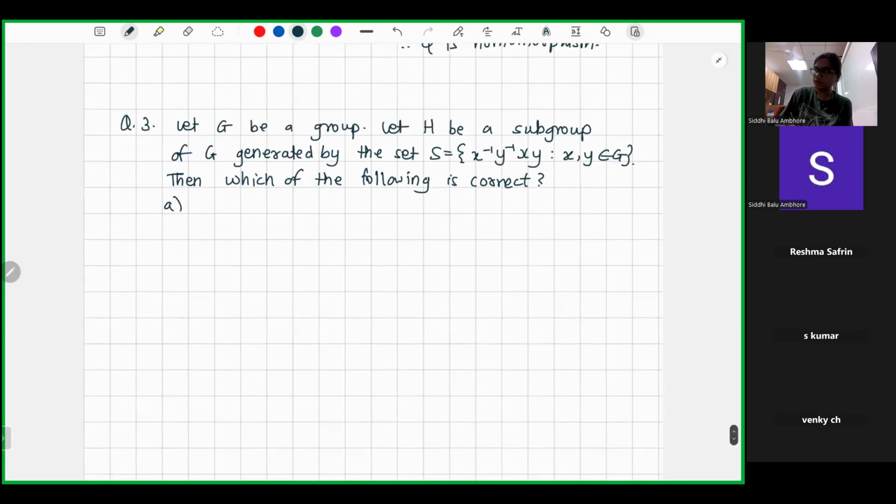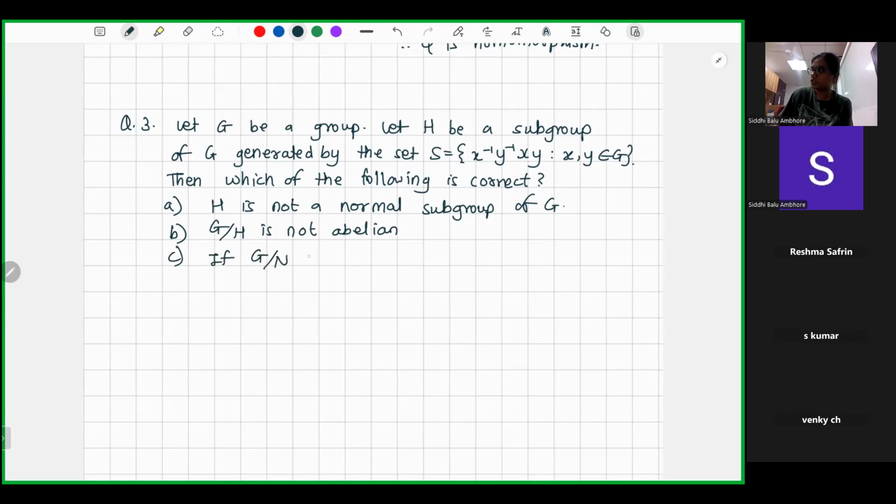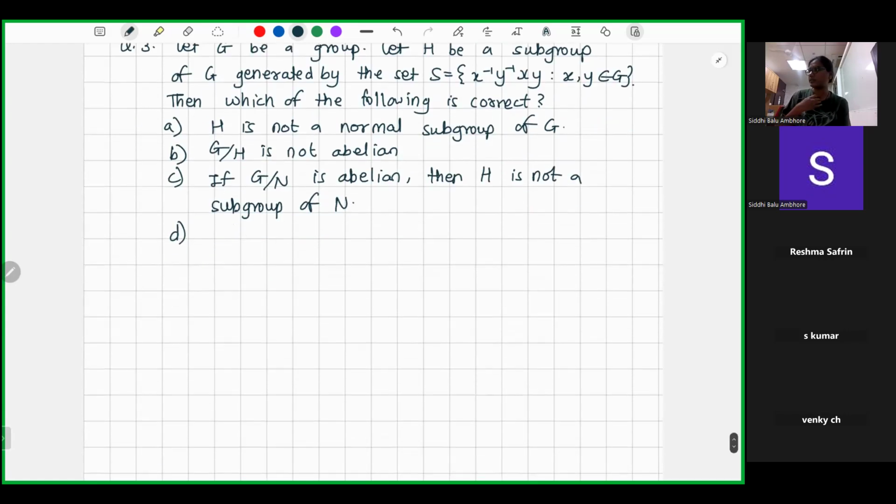And the options are: A, H is not a normal subgroup of G. B, G by H is not abelian. C, if G quotient N is abelian, then H is not a subgroup of N. And I will also explain what these statements mean.